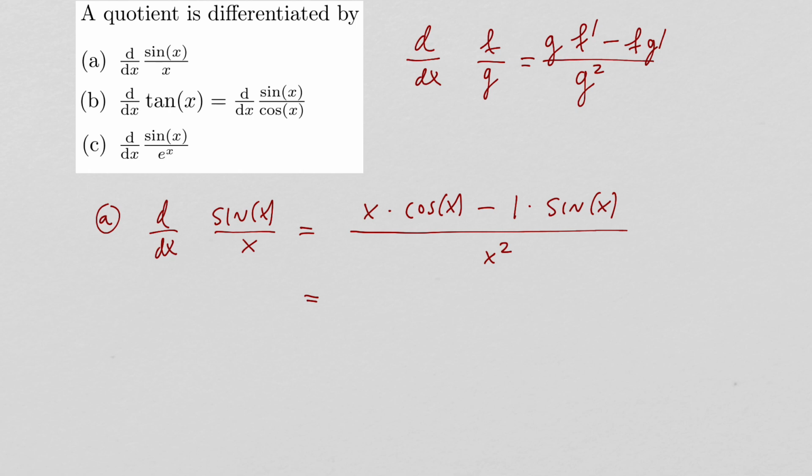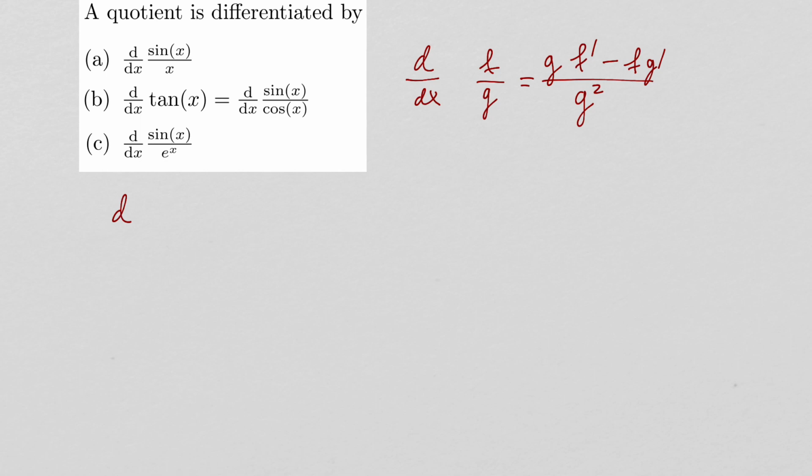And if we want to simplify this, we can write it also as cosine x divided by x minus sine of x divided by x squared.